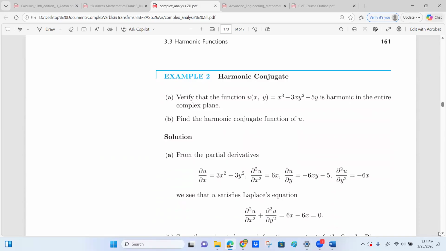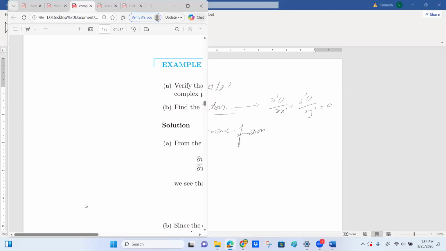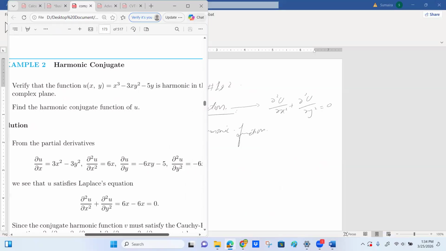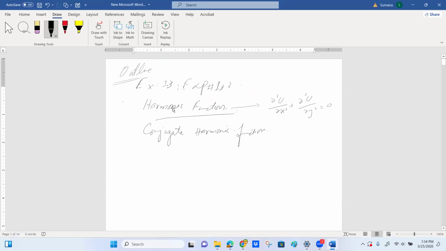Harmonic conjugate: verify that the function u of x y is equal to x cube minus 3 x y square minus 5y is harmonic in the entire complex plane. Okay, this is your course outline. Harmonic function is basically partial square phi.